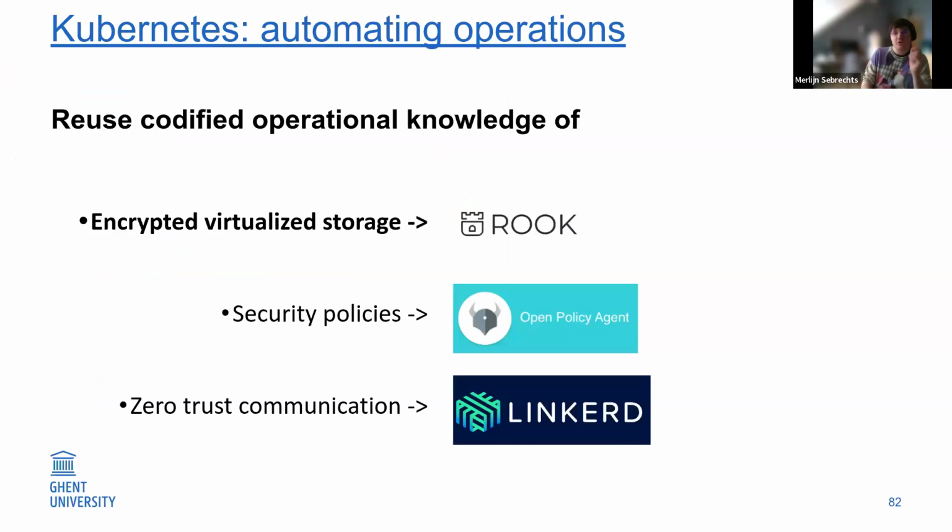There's a lot of existing operators already out there that allow you to reuse codified operational knowledge, for example, how to do encrypted virtualized storage or zero trust virtualized storage. You can use the Rook operator for that, which expands the Kubernetes API with additional objects, with additional resources that you can use to deploy this virtualized storage.